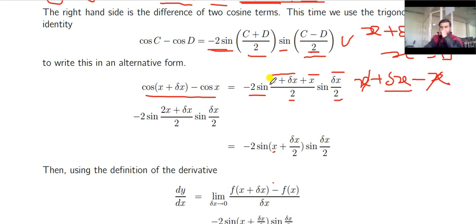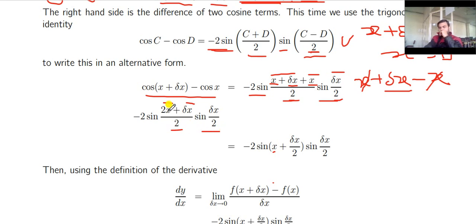So this x and this x will be added and become 2x. So this 2x del x will be written here and it is divided by 2. And this sine del x by 2 will be written as given above.